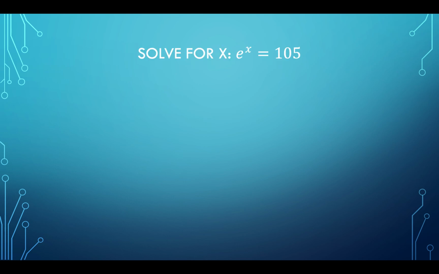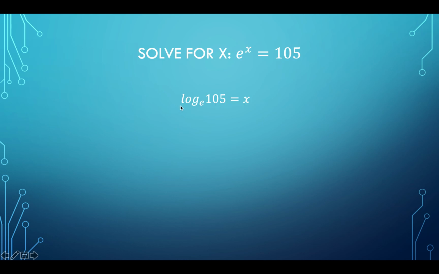So how about this one? Solve for x. e to the x is equal to 105. The first thing I would do here is put this into log form. So remember, exponential form goes base, exponent, answer. Log form goes base, answer, exponent. So here we have log base e of 105 is equal to x.